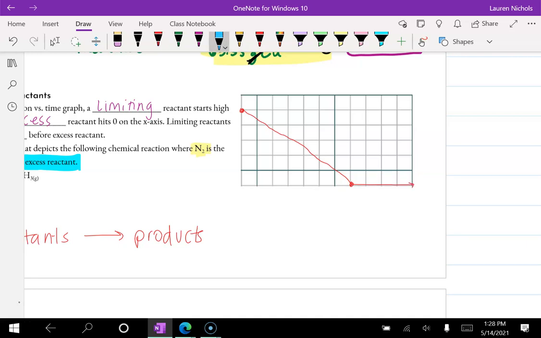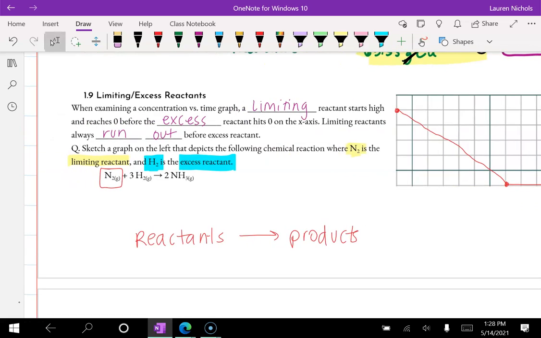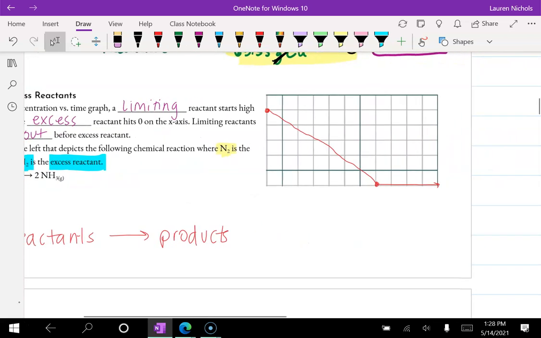Whereas the excess reactant, so let's say our excess reactant is hydrogen, hydrogen could potentially start at the exact same amount, but when it decreases, when the limiting reactant hits 0, the other one has not hit 0 yet. So then it kind of flattens out and there's leftover. So if this one is nitrogen and this one is hydrogen, this one runs out and this one has leftover.